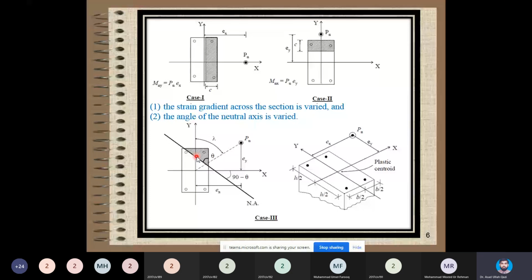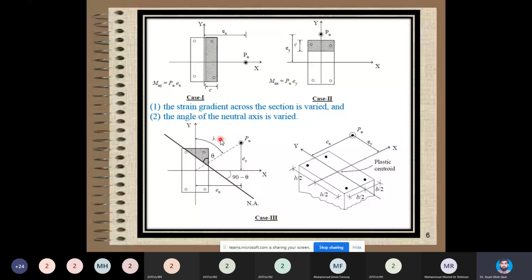If I consider theta as 90 degrees, what will happen? When theta is 90 degrees, it means lambda will be 0 degrees.